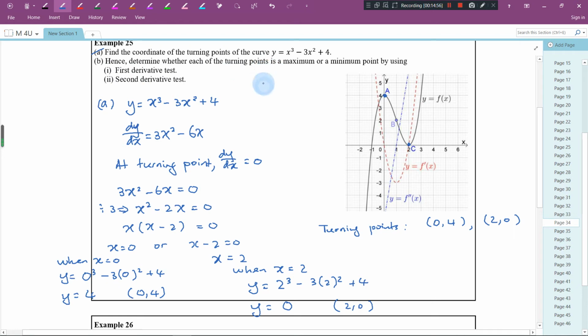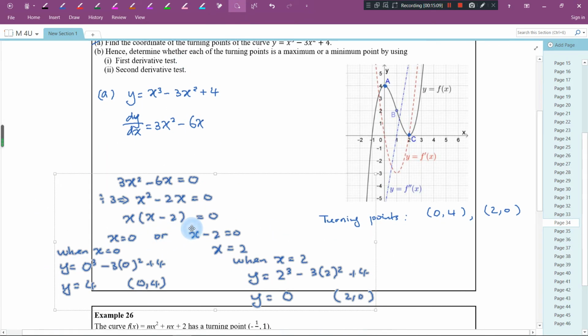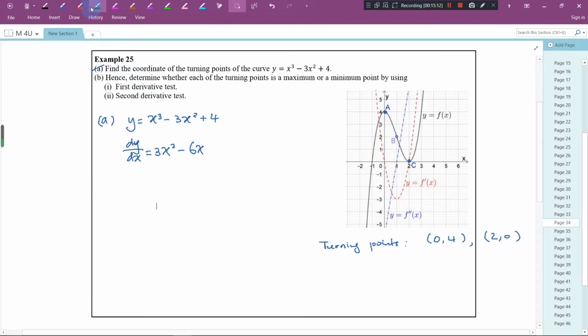Let me show you both here. So we have gotten the turning points (0, 4) and (2, 0). Let me erase this part. Let me show you the first derivative test first.